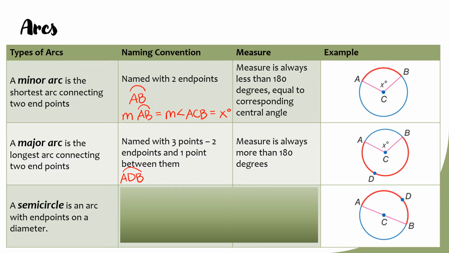Okay. Now the measure of a major arc is always more than 180 degrees. Oftentimes, though, in diagrams, we're given just the measure of a central angle. So I'm not necessarily given this large angle around the other direction. However, I know that these 2 arcs, their measures add up to 360 degrees.